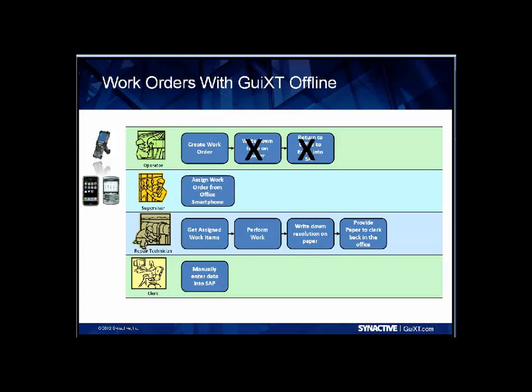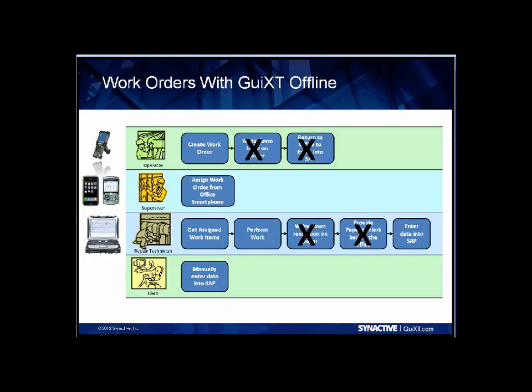The second process, the supervisor receives the assignment directly on a smartphone, which then goes to the appropriate repair technician. The repair technician can get the assigned work items, and then in an offline mode using his ruggedized laptop, he can check the inventory for parts and input materials used and time spent directly on the ruggedized laptop.